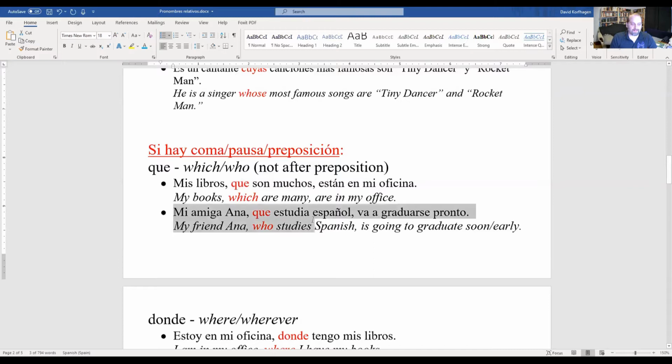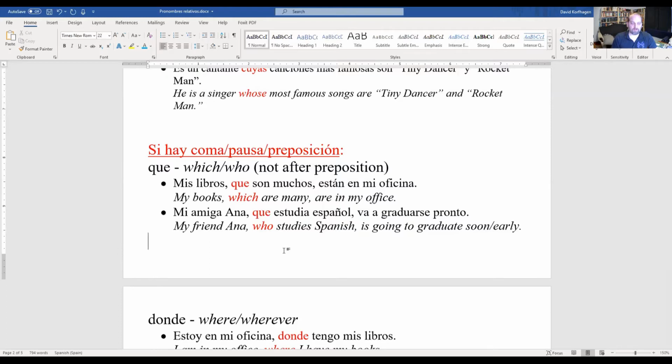Mi amiga Ana, que estudia español, va a graduarse pronto. So my friend Ana, who studies Spanish, is going to graduate soon. Here I'm just talking about Ana, that one friend who studies Spanish. She, by the way, studies Spanish. I put it after a pause, or a comma. It's not like I have three friends named Ana, and I'm only talking about the one who speaks Spanish.